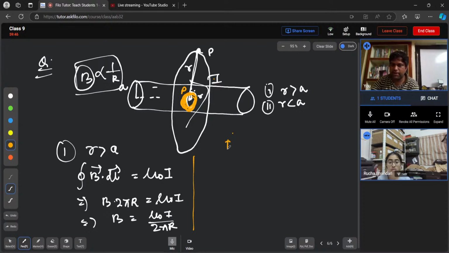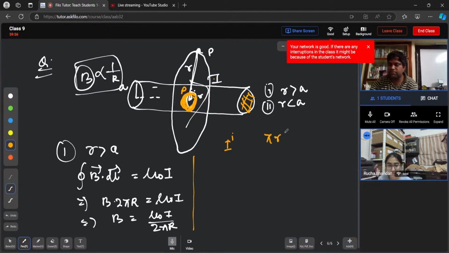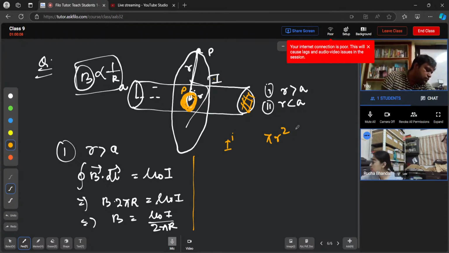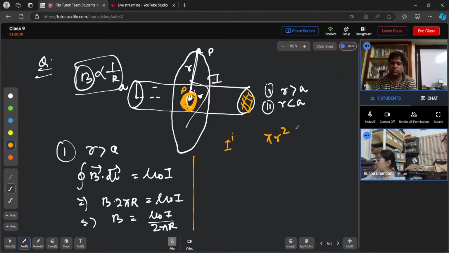So how will you find that I dash? Now let's say this complete area of cross section of this conductor is pi a square.